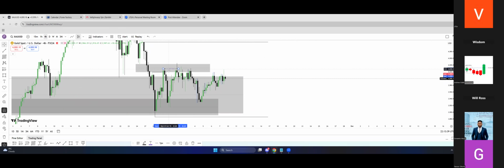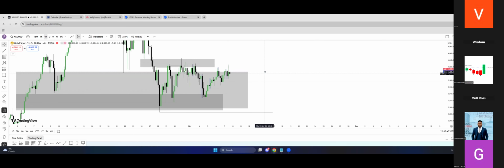I can also mark out just the body like this and I want the body to close above them. I use both ways, and this is my way. It could be different from yours. You have to practice and know when you will confirm your break. For me, I can confirm my break in both ways.